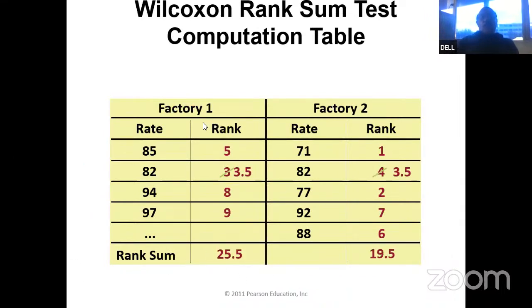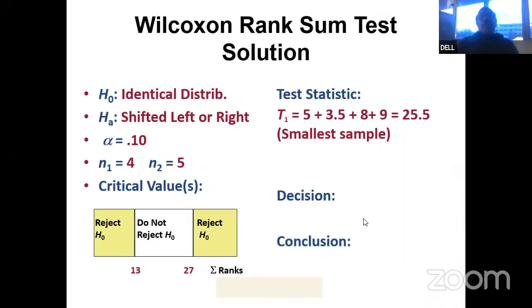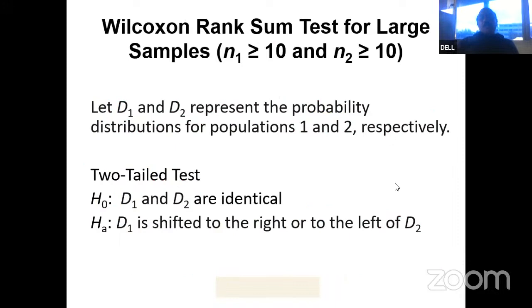So this is factory 1, factory 1 ranks total, factory 2 ranks total. Take the minimum, and whichever is the minimum, you consider for the decision.